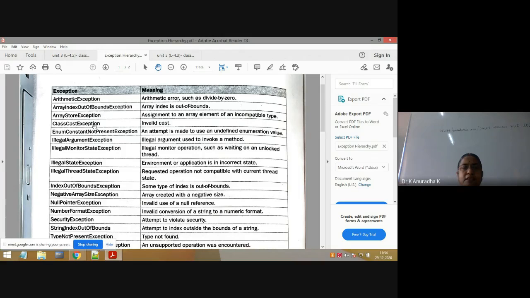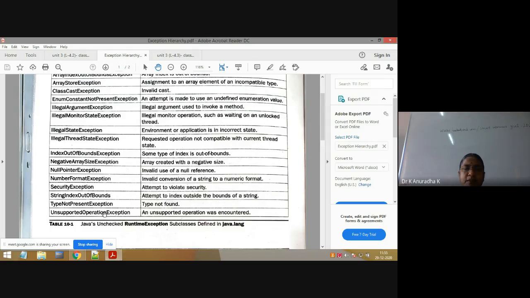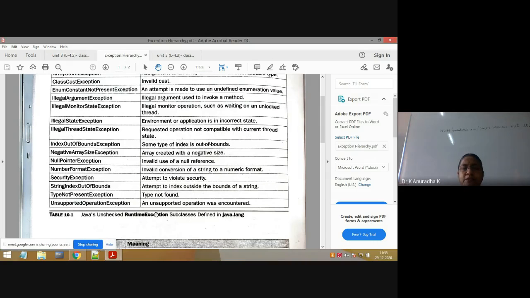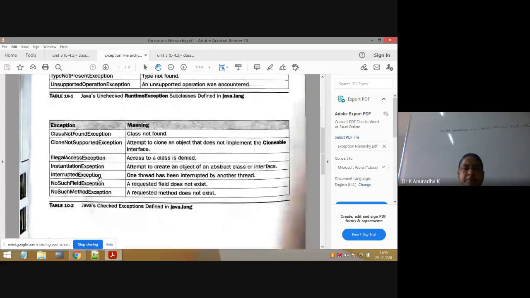Similarly, ClassCastException unchecked, IllegalArgumentException unchecked, IndexOutOfBoundsException unchecked. Like that, all these are unchecked exceptions, which are the subclasses of RuntimeException. So that's why try to learn this table by heart, meaning all these exceptions. Then only you can see the difference between checked exceptions and unchecked exceptions.